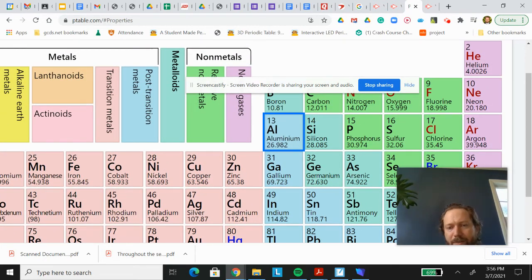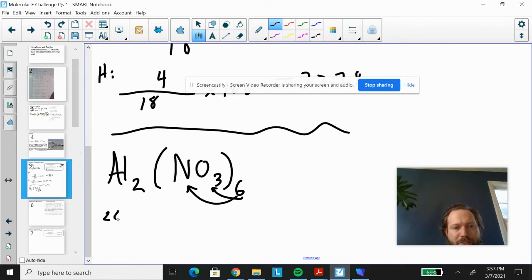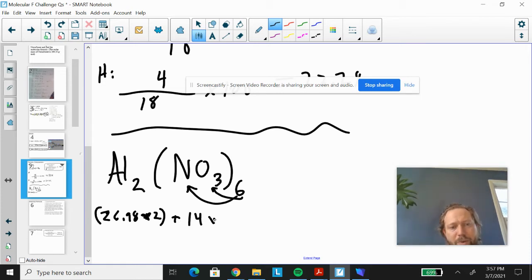26.98. We'll write that down. 26.98, right? This is times 2. And then we have 6 nitrogens. We just said that there were 14 grams in each nitrogen, molar mass. And then we have 6 times 3, so 18.